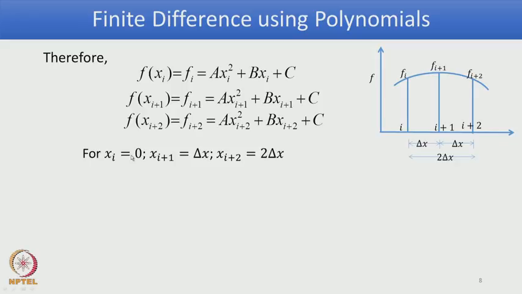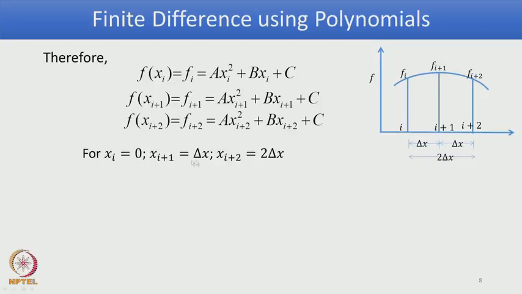If you consider x of I as 0, because that is your point of interest, then x of I plus 1 is at a distance of delta x, and x of I plus 2 is at a distance of 2 times delta x with respect to I. To be clear, it is only a distance of delta x from I plus 1, whereas it is a distance of 2 times delta x from I. Once again, for simplification, we have considered only a uniform mesh, that is why the 2 times is coming here, and next we are going to see how to obtain it for a non-uniform mesh also.